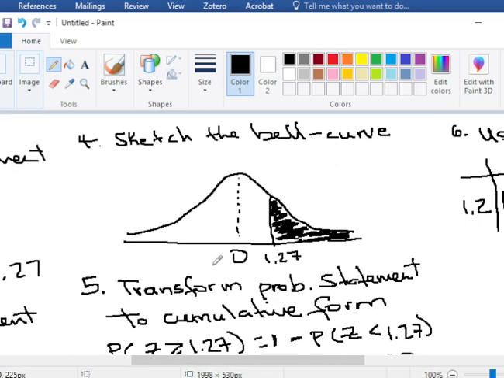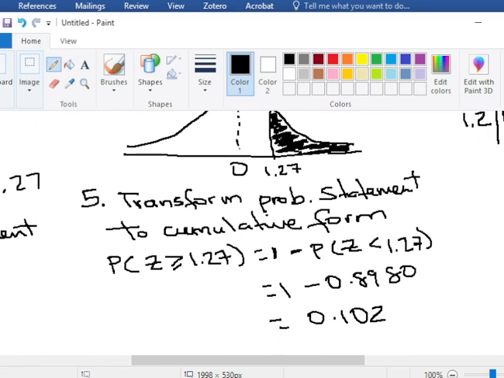Step 5 is very important to understand when we look at normal distribution, okay? When you use the normal tables, you have what we call cumulative distributions. Cumulative means it includes everything up to that point. For example, if I tell you that the final exam in the class will be cumulative, that means it includes everything up to the point of the final. So in that case, what we're saying here is we want to convert it to that form to be up to and included.